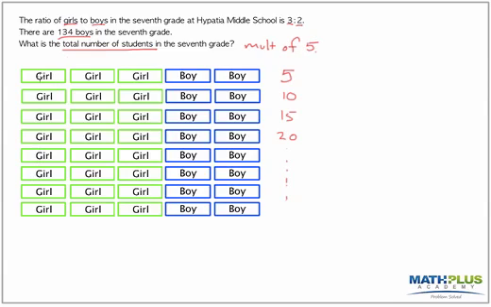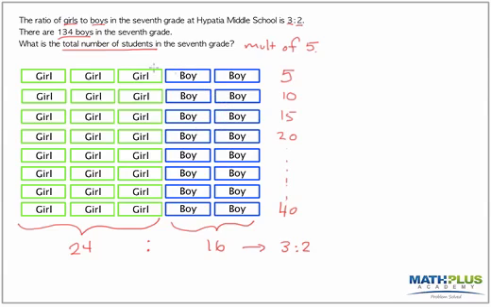So in this case, I have 1, 2, 3, 4, 5, 6, 7, 8 sets of 3 girls and 8 sets of 2 boys. So that gives me a total of 24 girls and 16 boys. And if we make this into a ratio, you can see that that simplifies to 3 to 2.